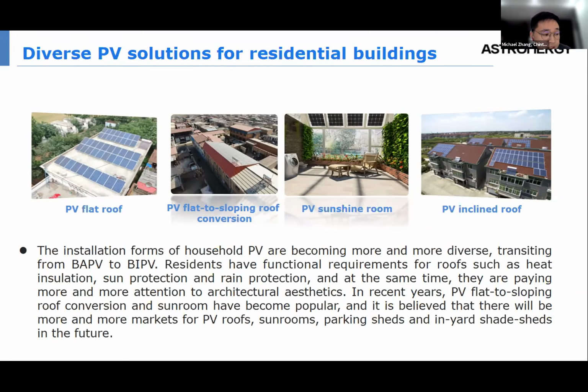In recent years, PV flat-to-sloping roof conversion, which is very typical in China, has become popular. It is believed that there will be more and more market for PV roofs, sunrooms, parking sheds, and in-yard shade sheds in the future.